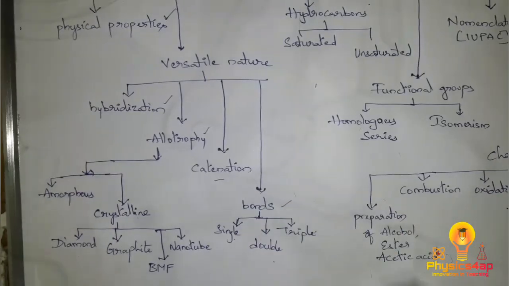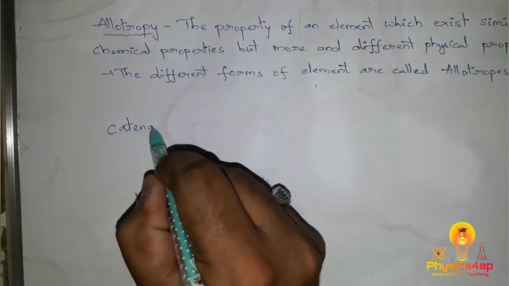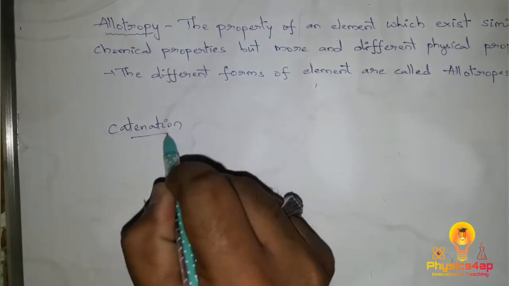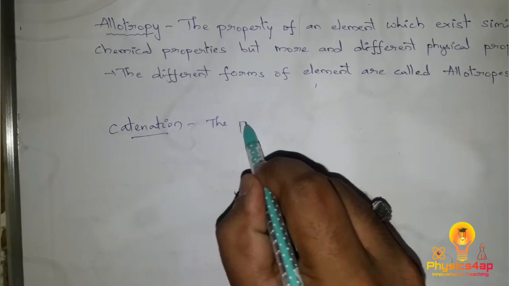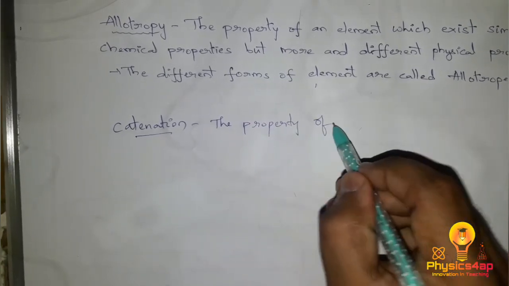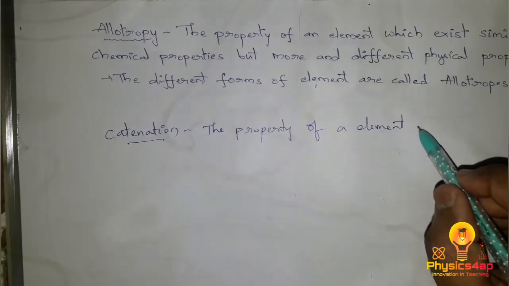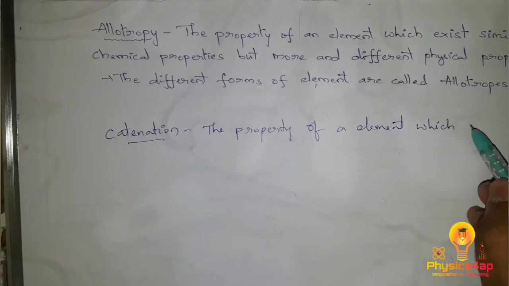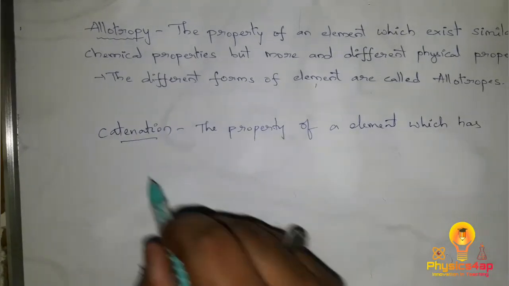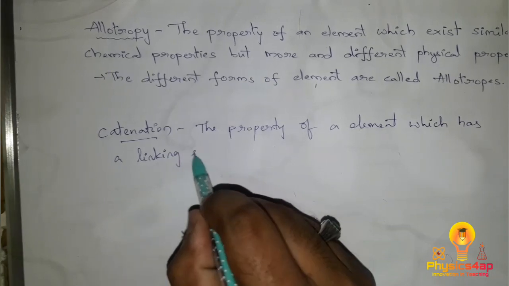And next is catenation. Catenation is nothing but the chain system. It is the property of an element which has a linking system, the ability to form long chains.